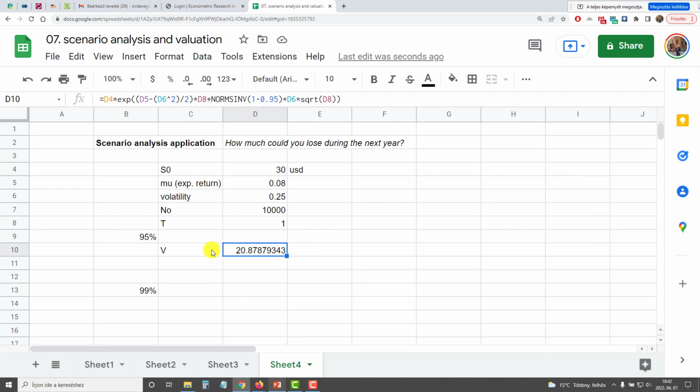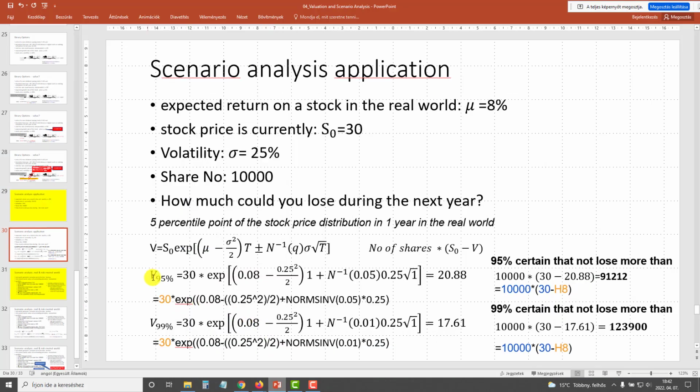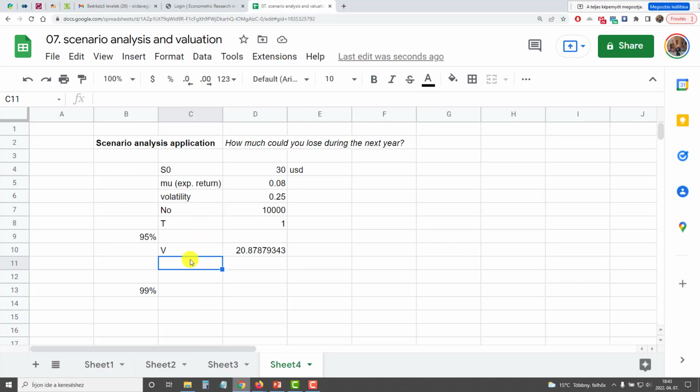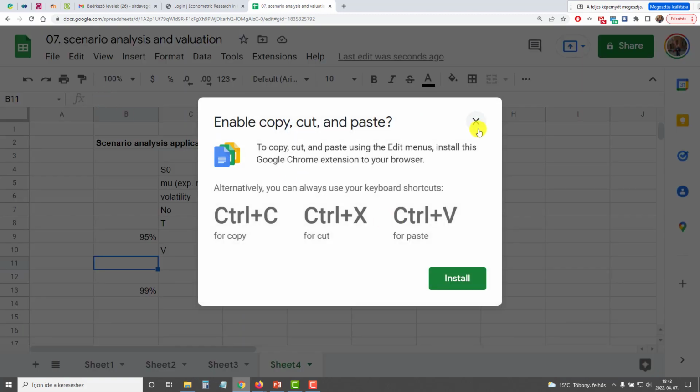Okay, so now we have the threshold here. So let's see what is happening when we are comparing the current stock price and the threshold and the entire amount of money in our hands.